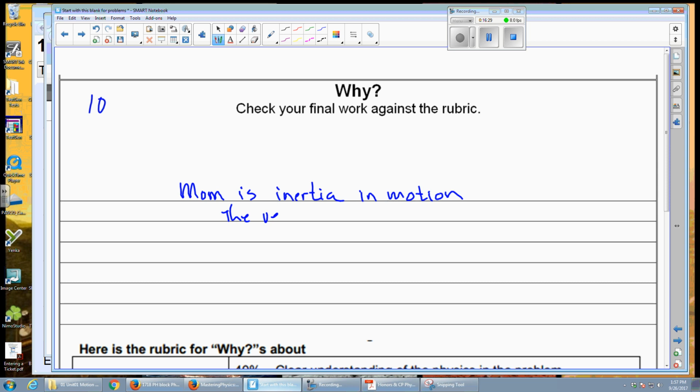The velocity, I'm trying to go quick because I see our time's running away, describes the motion as a vector. So momentum and velocity have the same direction.